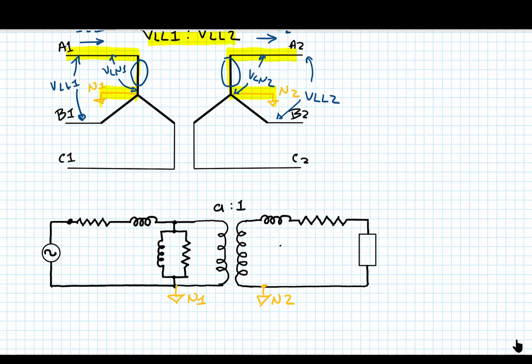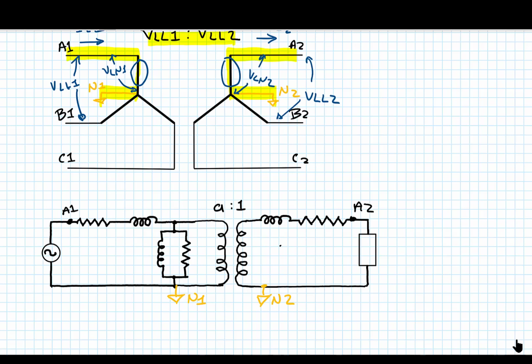So this would be the terminal for this transformer. Let's say that was A1, and this is the other terminal of the transformer, A2, and I'm applying a voltage to the primary and I have a load on the secondary.